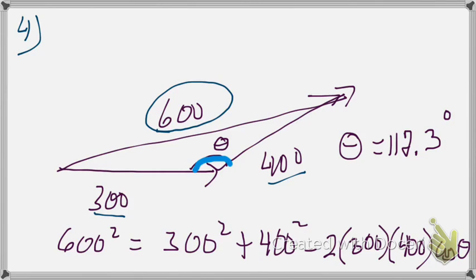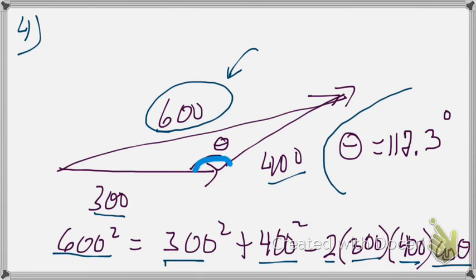Well, this is a law of cosines problem. We have the angle theta and the side opposite it, so 600 squared equals 300 squared plus 400 squared minus 2 times 300 times 400 times the cosine of that angle theta. And when you do all that and solve for theta, you should get 117.3 degrees.